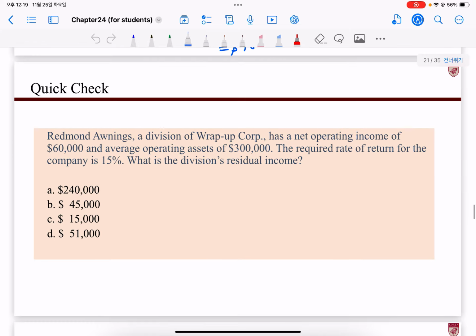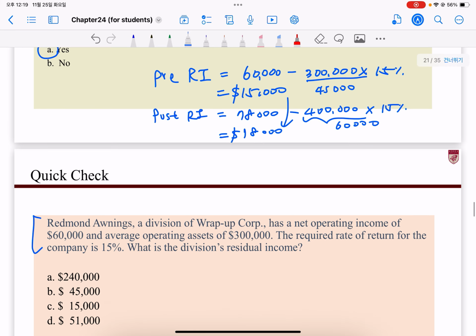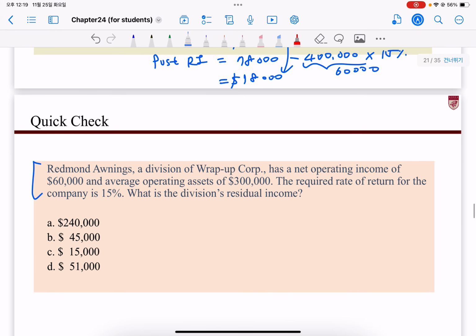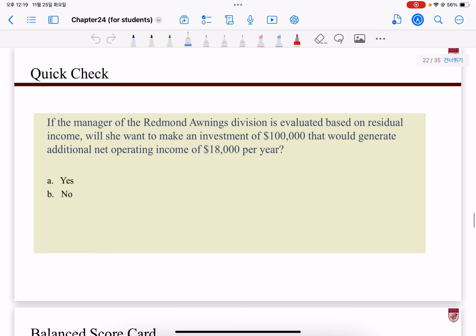Okay, now let us move on to a similar case. Oh, yeah, actually this is something that I've done right here, the residual income part. So this is 15,000. And here, you can also do based on the incremental income approach.